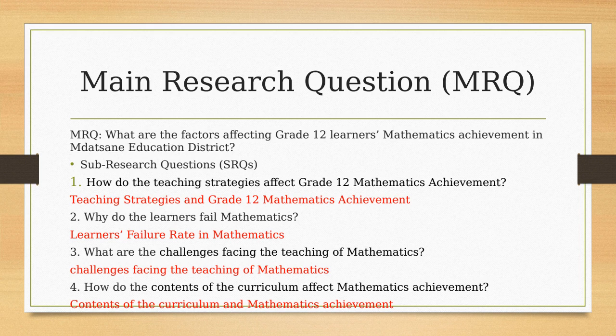So when you look at this main research question, what are the factors affecting grade 12 learners' mathematics achievement? And when you look at all the 4 sub-research questions, none of them talk about the factors affecting grade 12 learners. Rather, the owner of this topic has read literature and has seen some of the things literature said that can affect mathematics achievement.